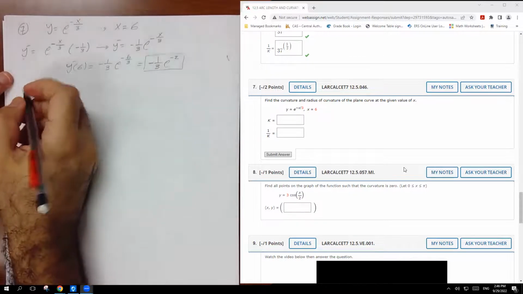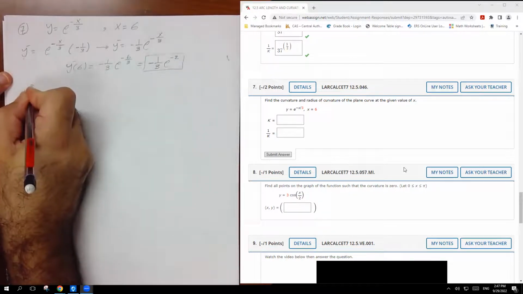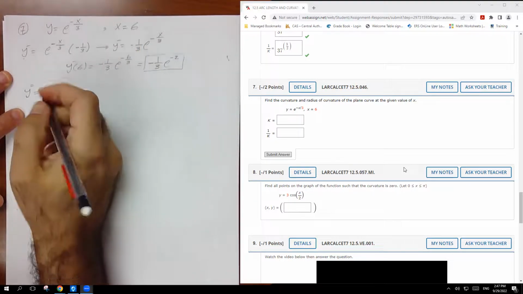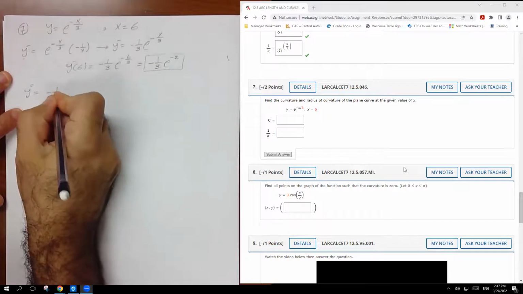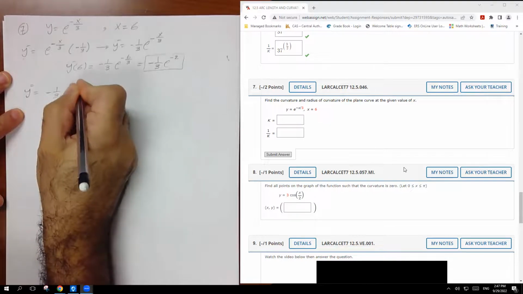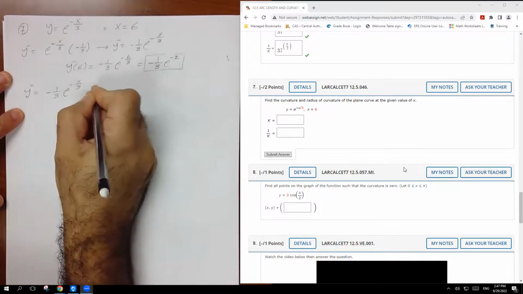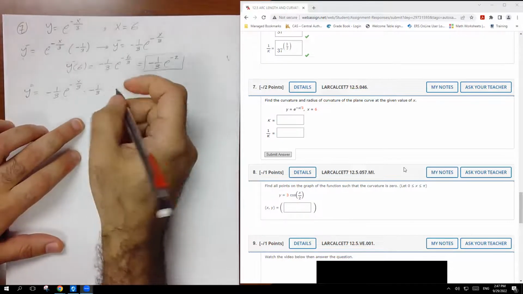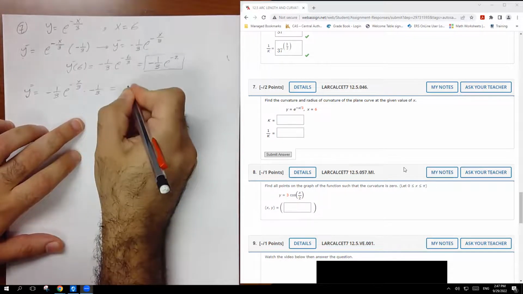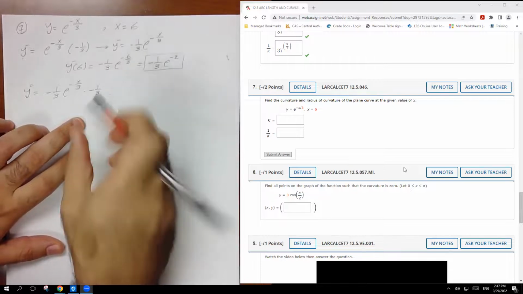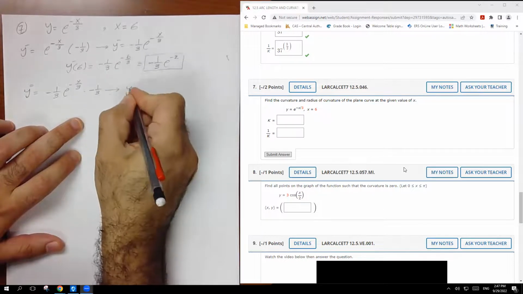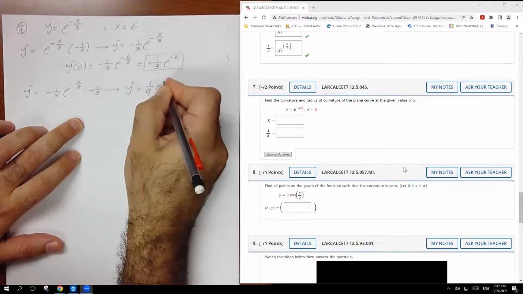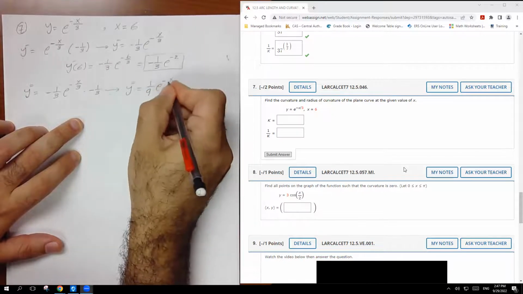Now let's go to y double prime. Here is y prime. We're going to find again the derivative for this one. So it's going to be negative 1 over 3 e to the negative x over 3 times, again, negative 1/3. That means y double prime equals 1 over 9 e to the negative x over 3.